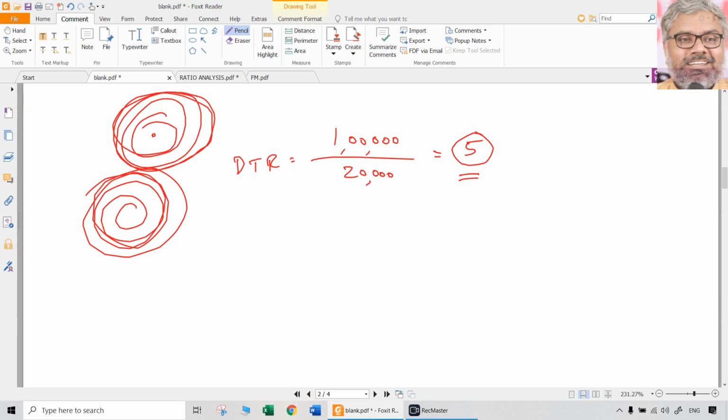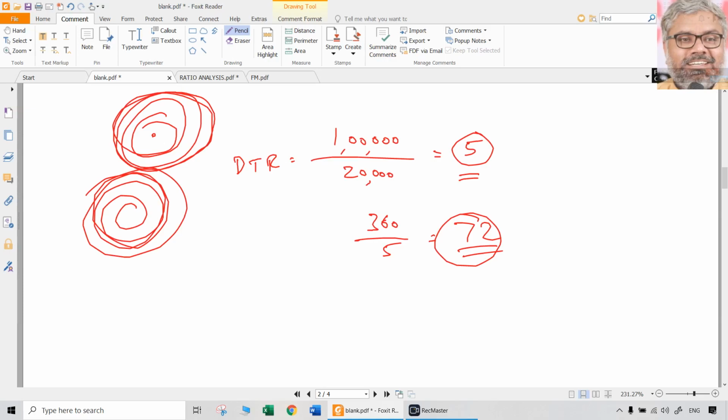Number of days, that is called debtors velocity. Simply we can take 360 divided by 5. No, sorry, that is 72 days. 360 divided by 5 means every 72 days you are able to collect the money from debtors. Simple. On an average, every 72 days you will get all the money from your debtors.